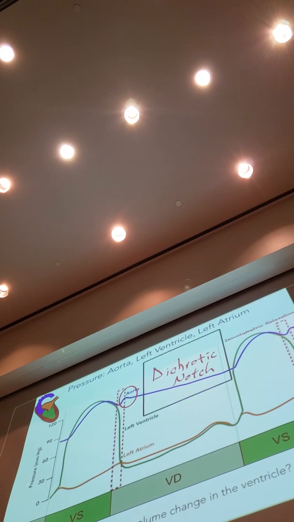Dicrotic notch. So basically what's happening here is we have pushed a whole bunch of blood from the ventricle into the aorta. Okay? The aorta is expanding, right? You can think of it as we're pushing this column of blood into the aorta, and there's inertia associated with that, right? We're moving a column of fluid that is both moving forward and expanding the aorta.